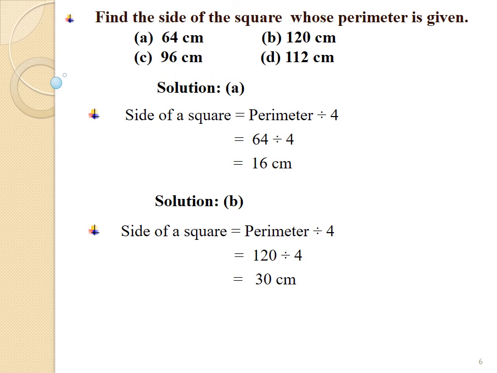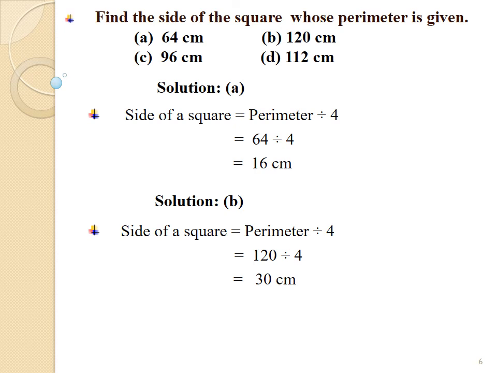Now, question number 3. Find the side of the square whose perimeter is given. Students, in this question, we have to find out the side of a square and we have been given the perimeter of a square. Students, if the perimeter of a square is given, then we can find out the length of each side by modifying the perimeter formula.